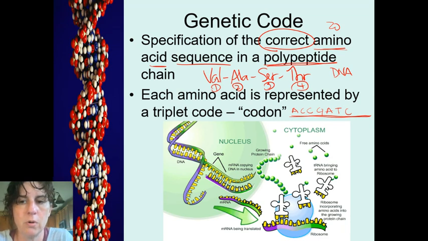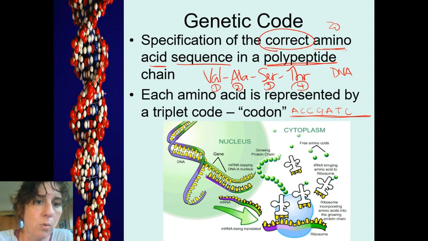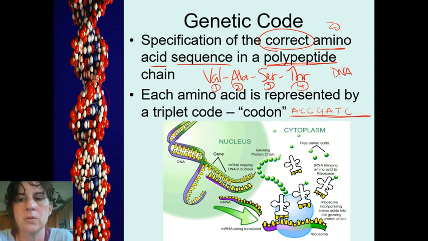For a protein, all you have to do is use one side of the ladder, so like this side or the other side, but not both. So we're going to take this ladder, separate it, and we're going to have access to those nitrogen bases in there.